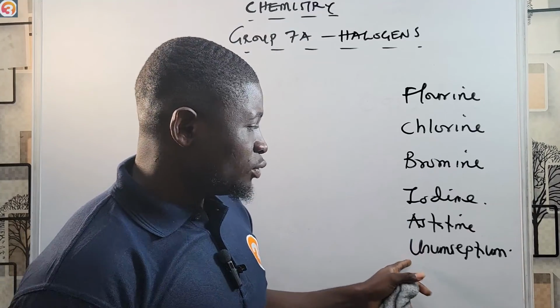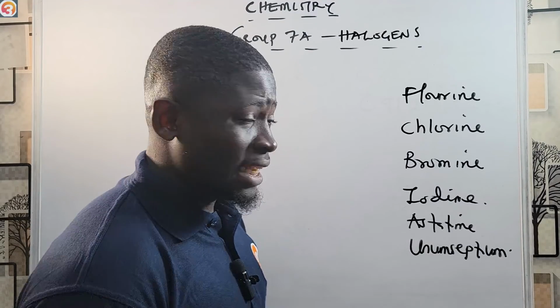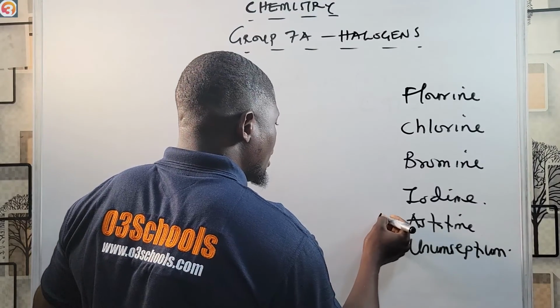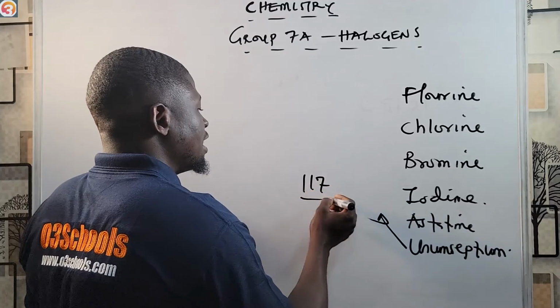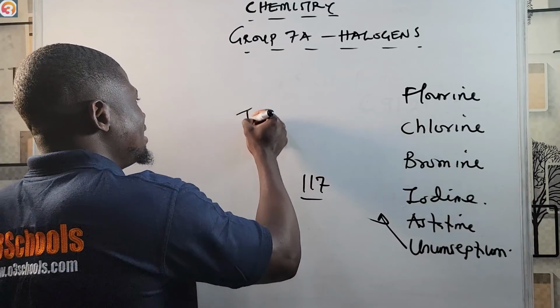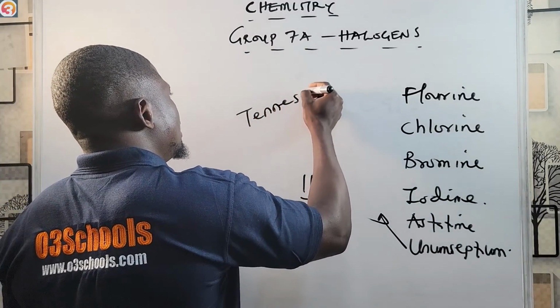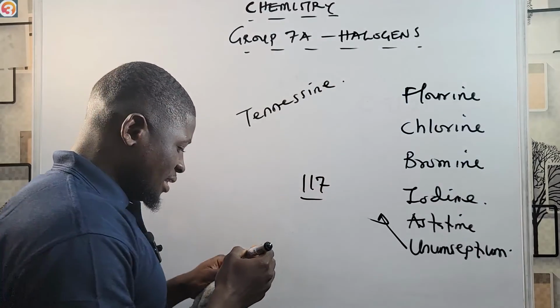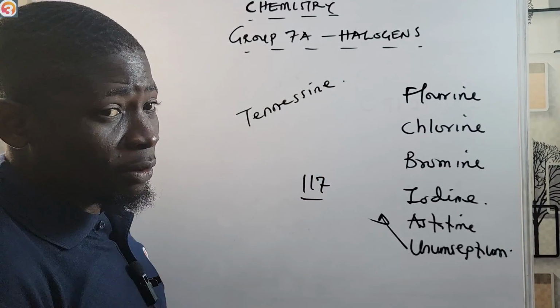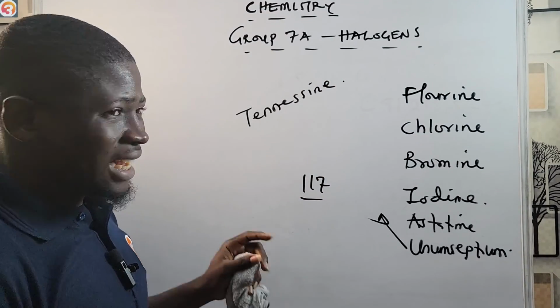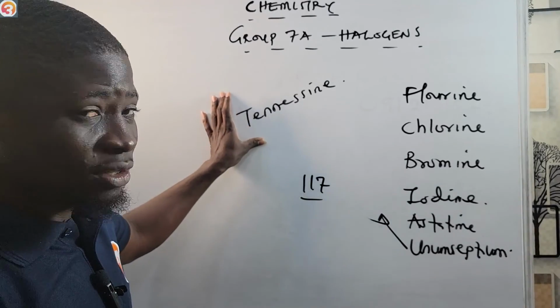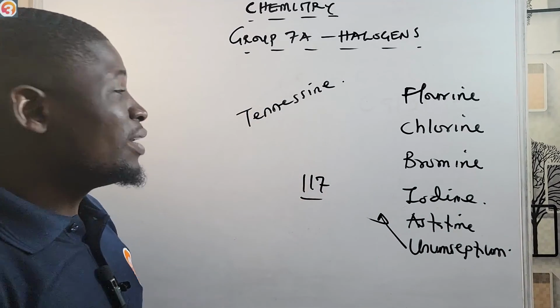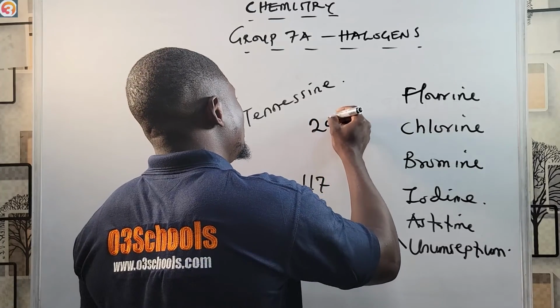Like this ununseptium, the element having atomic number 117, has now been discovered. The new name is tennessine. It has a lot of nuclear properties, and it was only discovered in 2023.